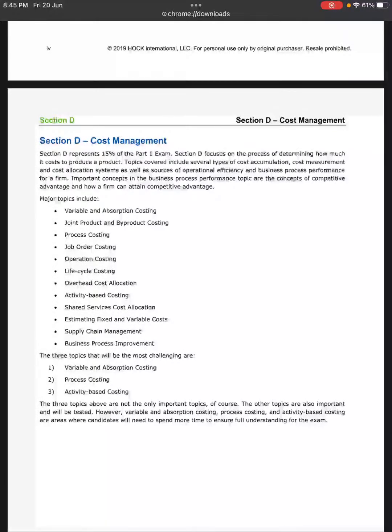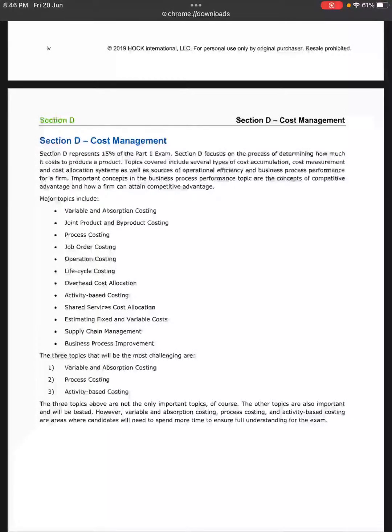The major topics: variable and absorption costing, joint product and byproduct costing, process costing, job order costing, operation costing, life cycle costing, overhead allocation, activity based costing, shared service cost allocation, estimating fixed and variable cost, supply chain management, business process improvement.